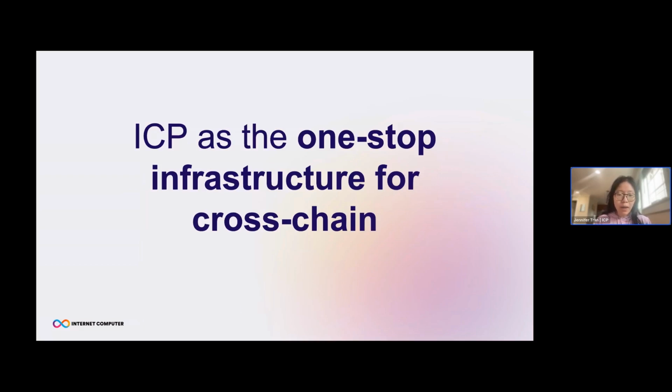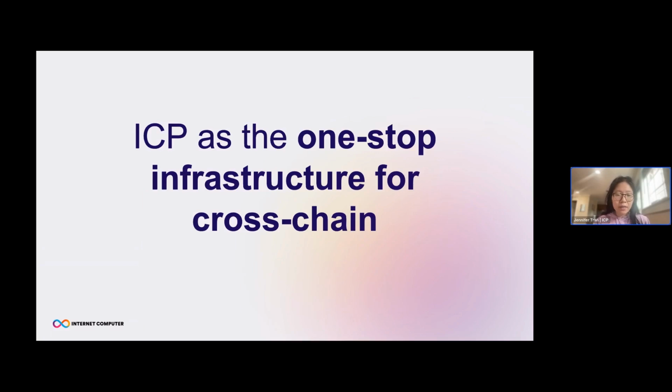So in the past, if you wanted to interact with all of these chains, you would probably have a wallet and a smart contract on every single one of these chains, and it would be a lot to manage.